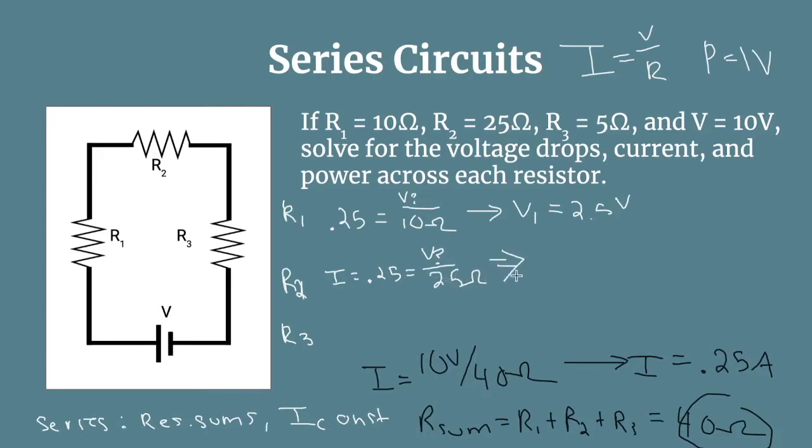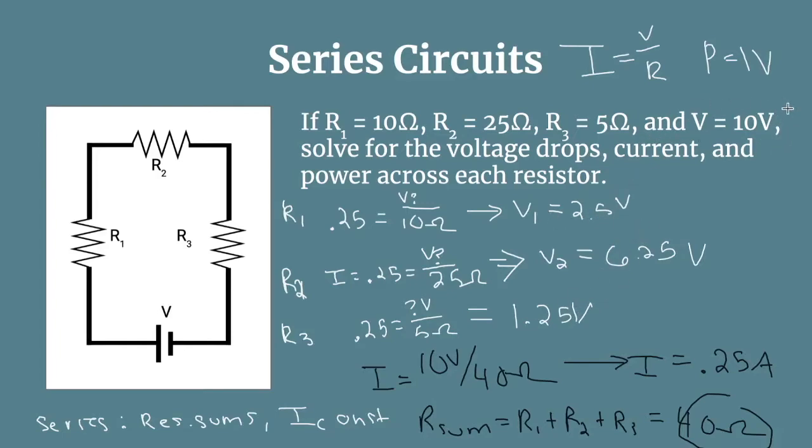And then we get 6.25. Doing the same thing for R3, constant current, so 0.25 amps equals question mark V over 5 ohms, which is equal to 1.25.